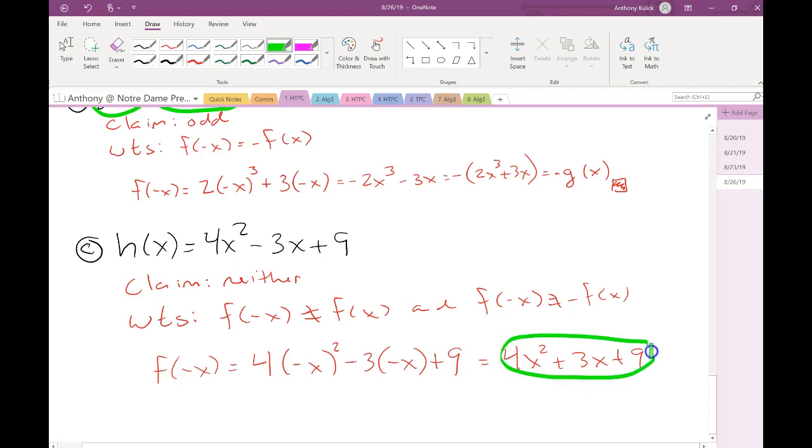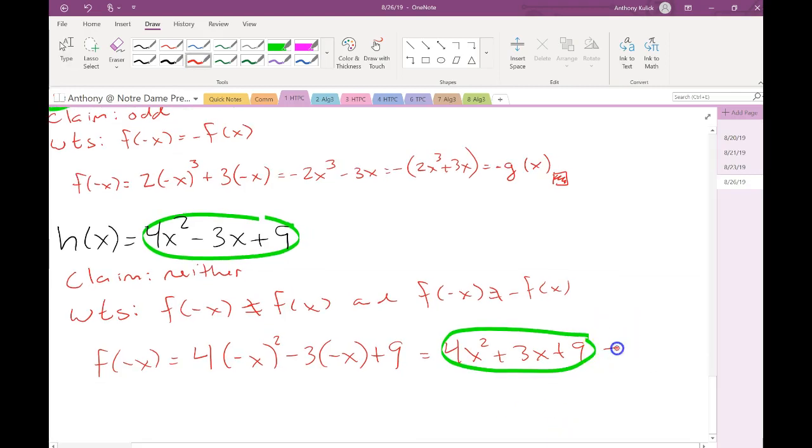If I compare this to h of x, they're definitely different. Everybody agree with that? What's different about them? Yeah, the sign on the 3x is different.